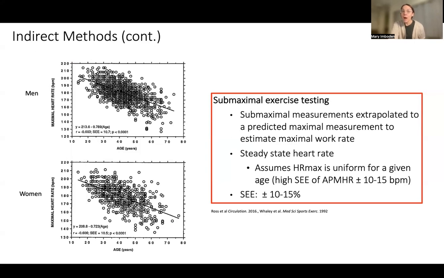And if you follow ACSM's guidelines for exercise testing, you might know that for individuals that are at high risk of cardiovascular disease, we actually have a physician present when we're doing a stress test or any cardiopulmonary exercise test, right? Where we're taking them to max.